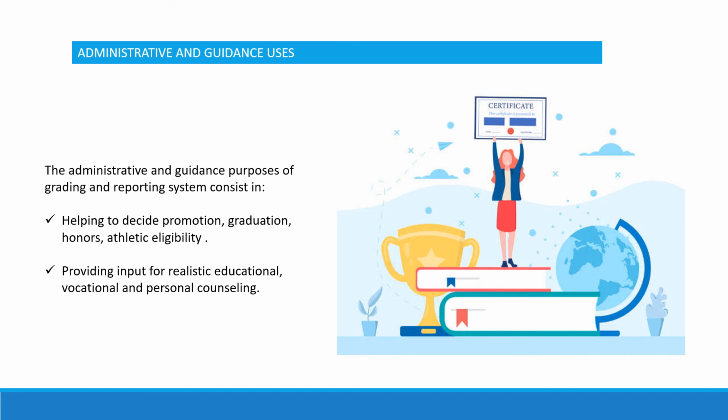So if you have seen a student who is not performing that well inside the class, for example, his grades are not that good, and also he is not participating inside the class, it will provide input for realistic educational, vocational, and personal counseling. Maybe he or she needs counseling. It will help us, and specifically the administrative and the guidance office for their own purposes, so that they could help the students for their personal inquiries, or if they are having personal difficulties. So that is one of the functions of grading and reporting system.